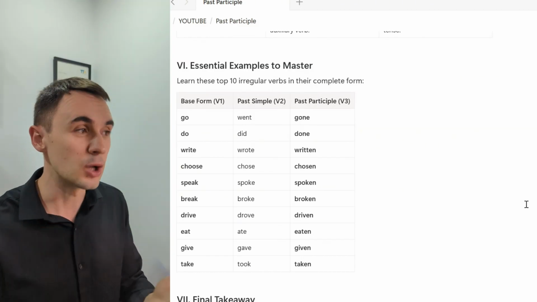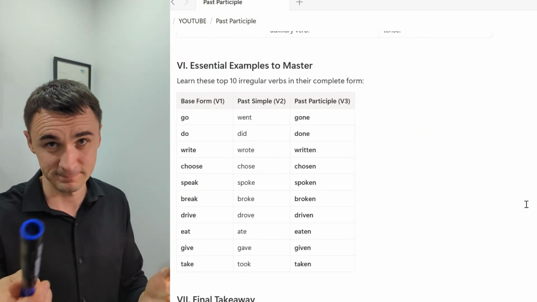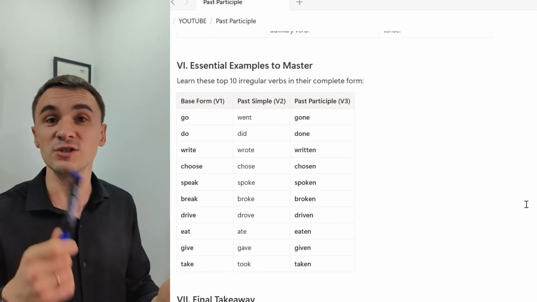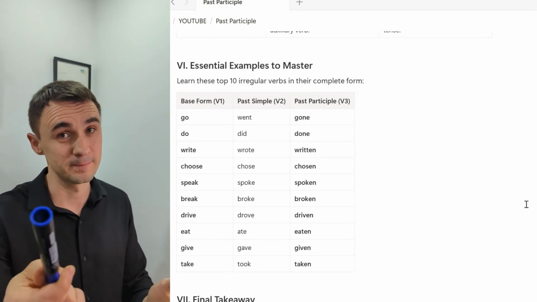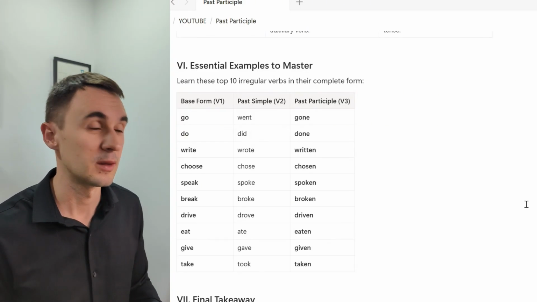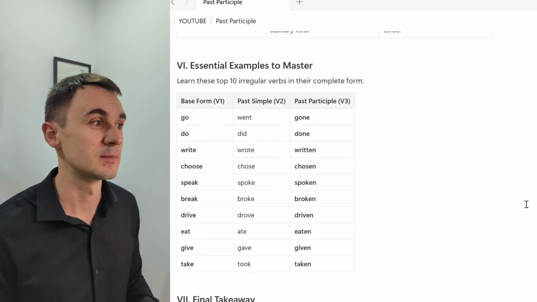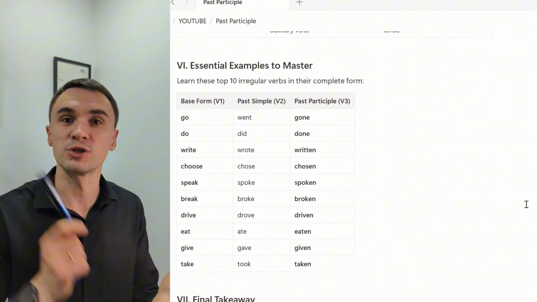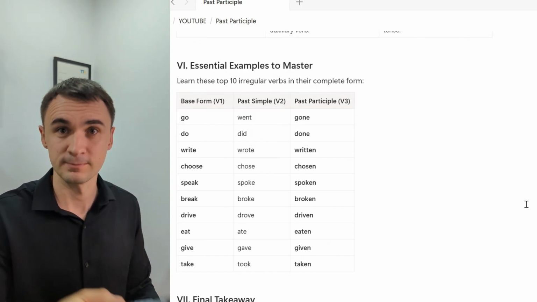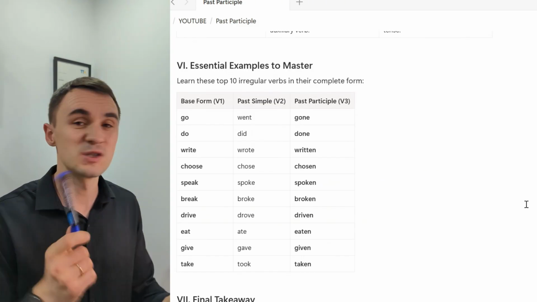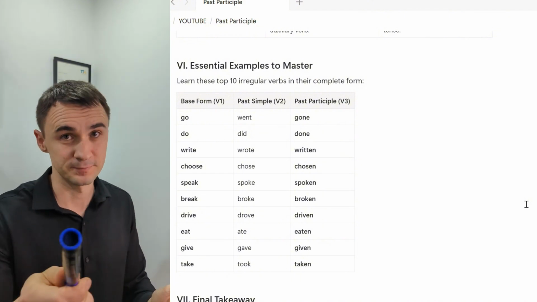Let's go. Go, went, gone. Do, did, done. Write, wrote, written. Choose, chose, chosen. Speak, spoke, spoken.